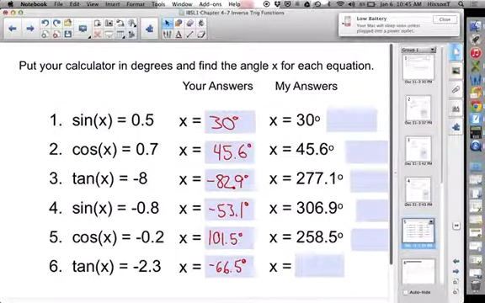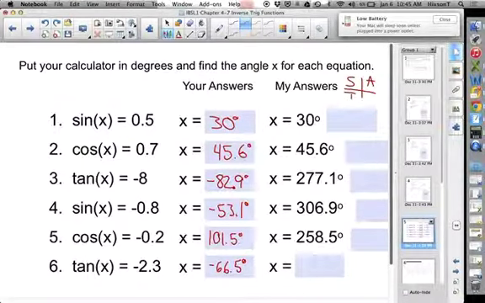What's the reason for that? Because remember, all students take calculus, with our unit circle. All the trig functions are positive in the first quadrant, sine's positive in the second, tangent's in the third. So for the third one, because it's negative 82.9, that's the same thing as the fourth quadrant angle.